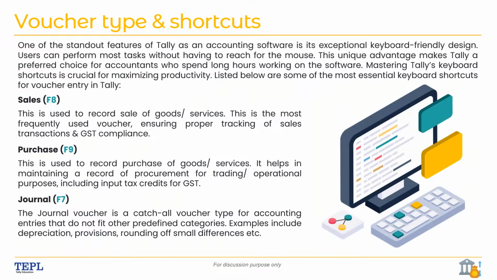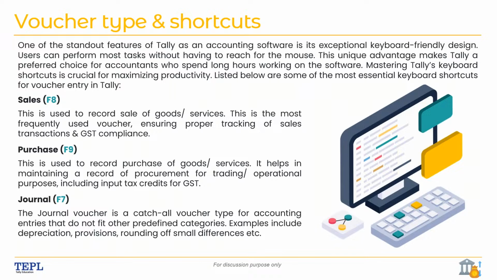Each of these vouchers has specific functions, and it's important for us to know each of them. Sales, as the name represents, is for accounting sales invoices, whether for goods or for services. When you enter these vouchers, you have to be very careful because this is a fundamental document that is issued from any organization and carries a lot of importance.